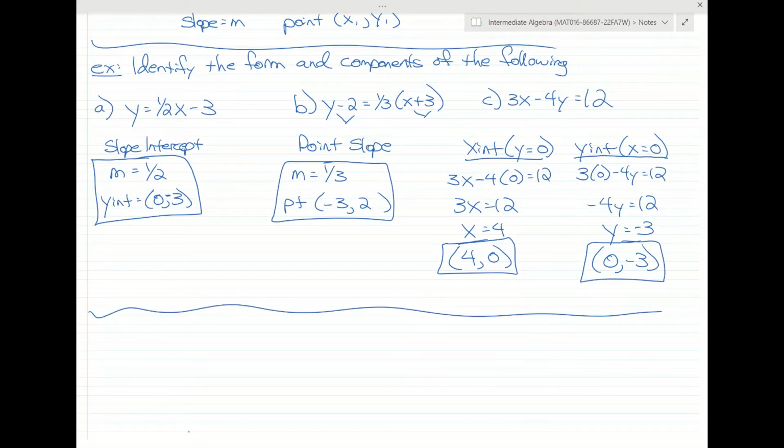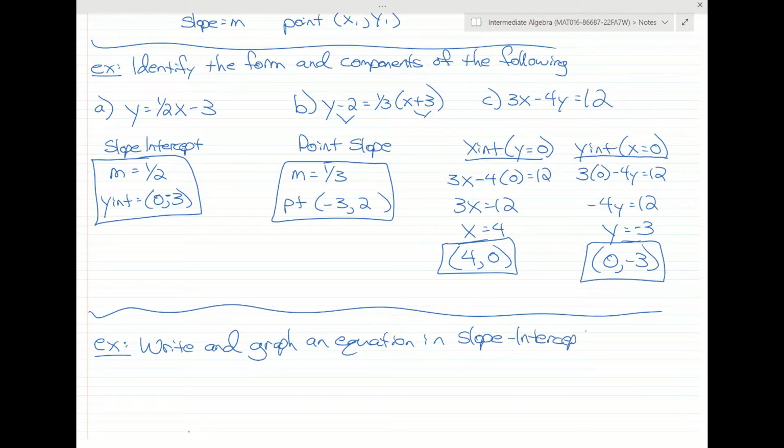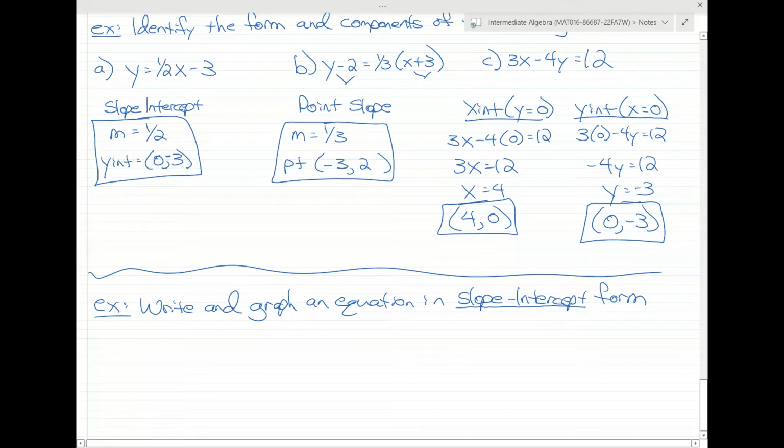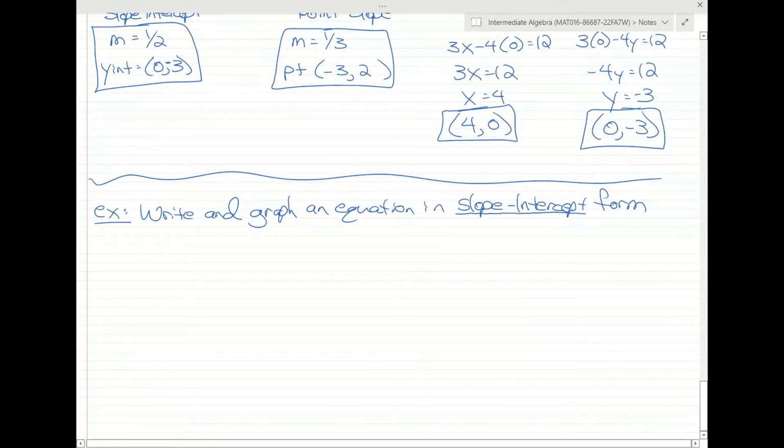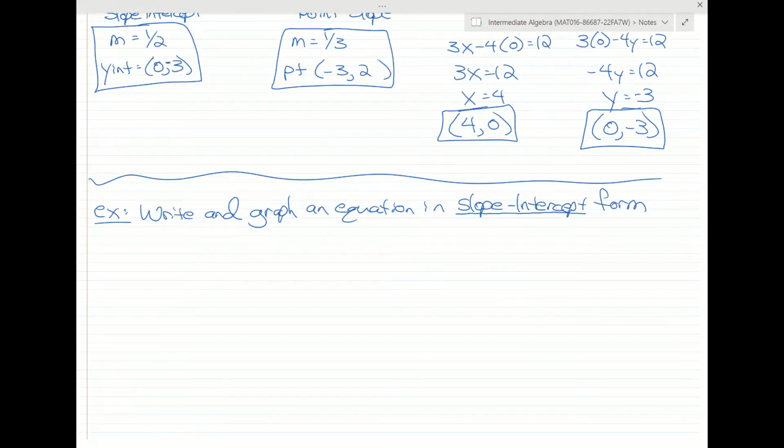Moving on through. I asked you to write and graph an equation in slope-intercept form.